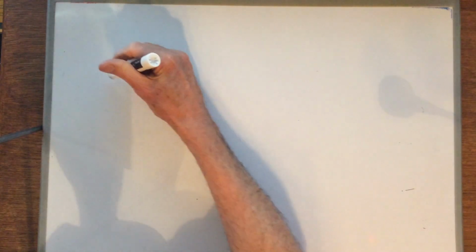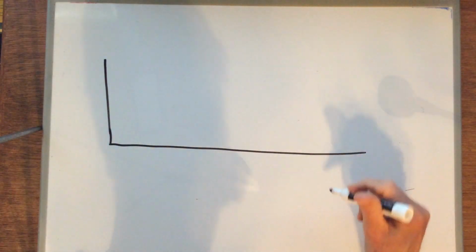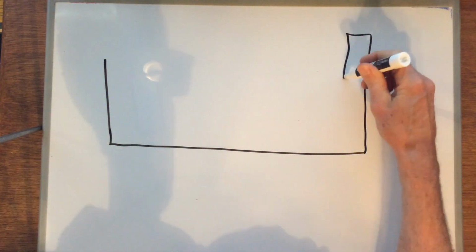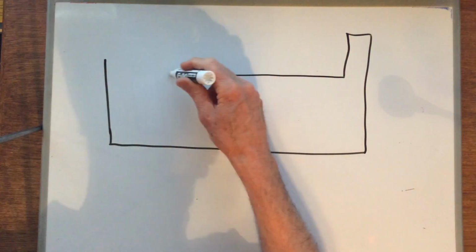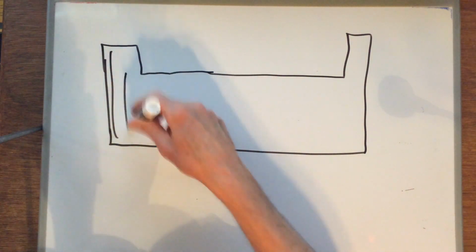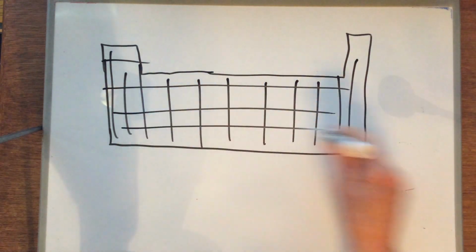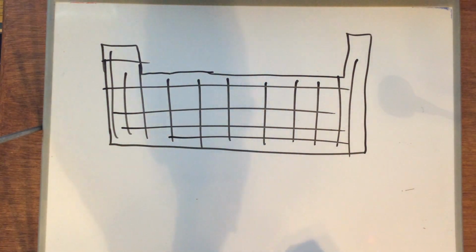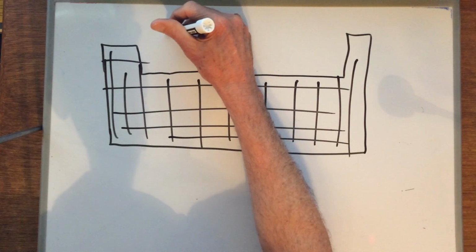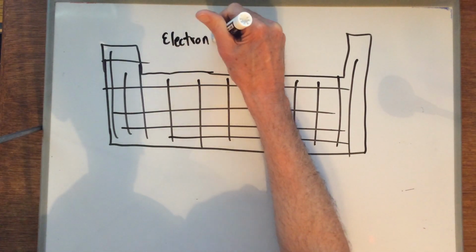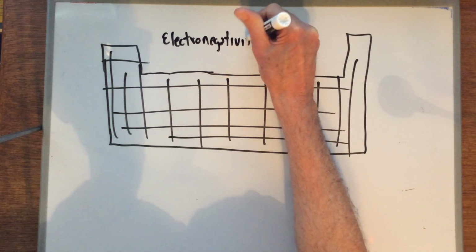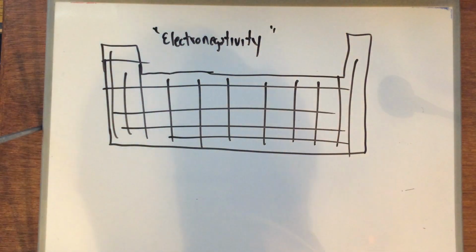Of course, I'm not going to draw the whole table, but basically we have something that looks like this, with all the various groups and rows, etc. This is just generally speaking what electronegativity is about. Let's look at the values there.